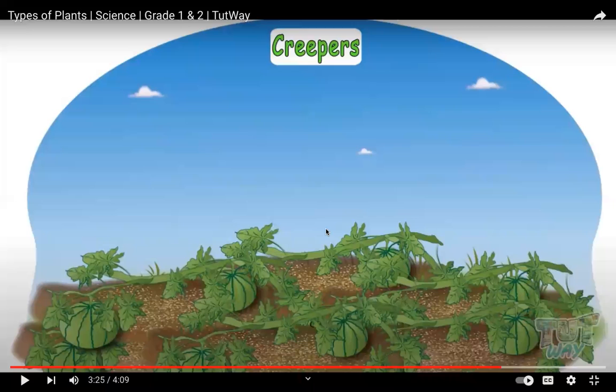Climbers have soft branches that develop on the stem to hold on to the support. Whenever we keep any support near the climber, those branches grow around the support by holding it tightly. But creepers don't have that. They grow along the ground. These are called creepers. Okay.